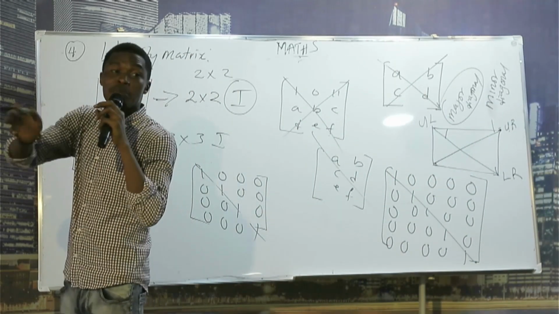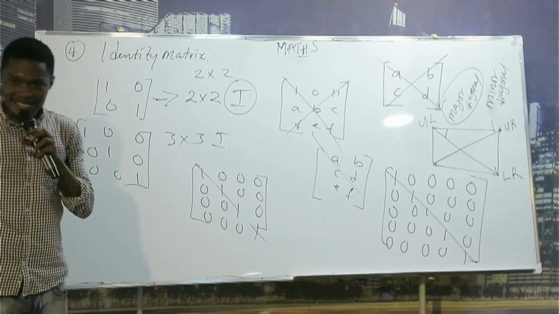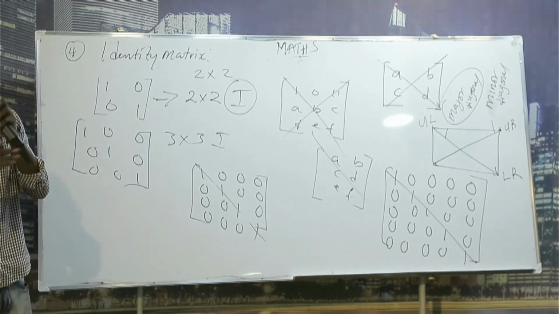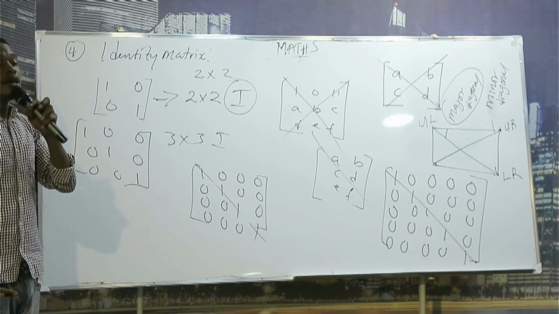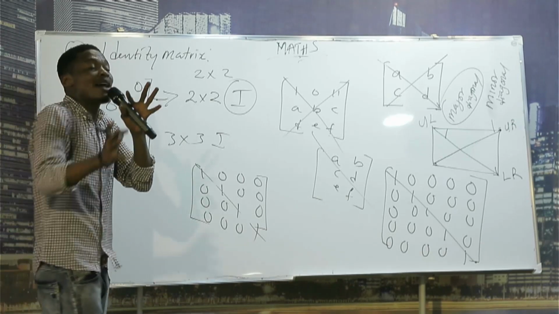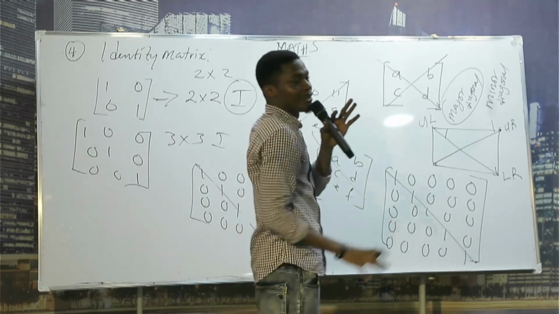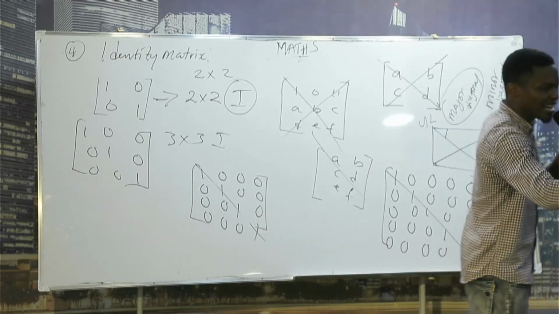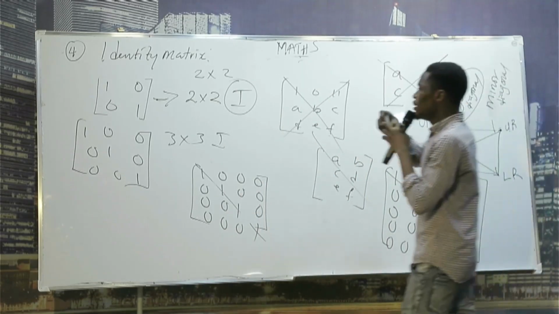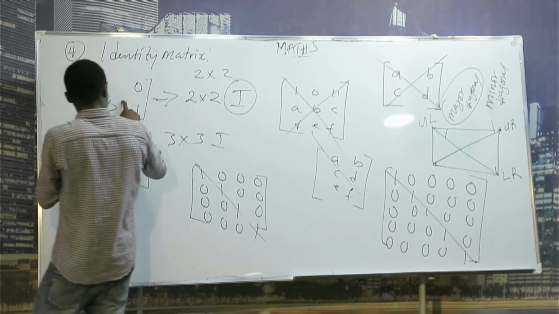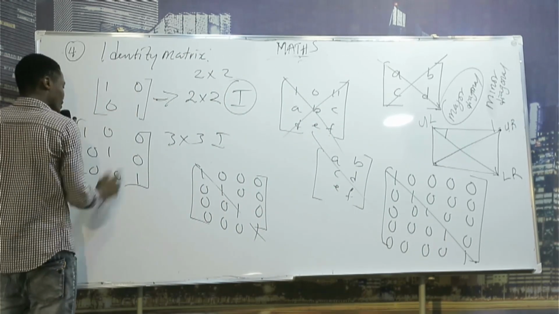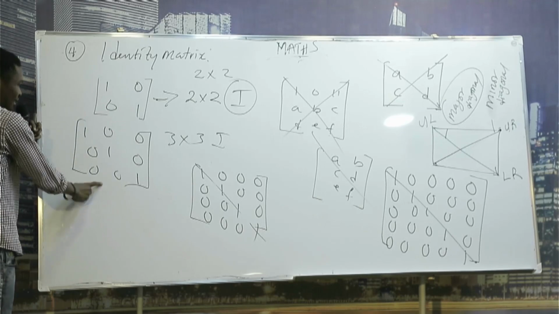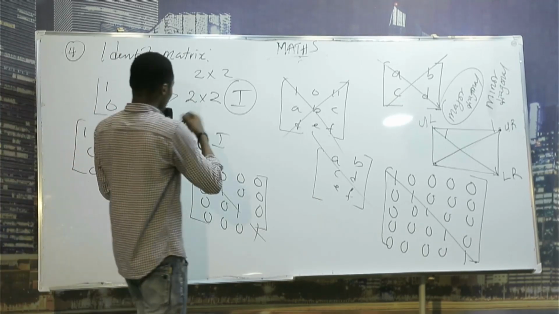Those ones you write in book. But if you see 100 by 100 identity, you cannot write that one in book. You just press it in computer. Computer takes care of it. So take this down, very important: 2 by 2 identity, 3 by 3 identity.